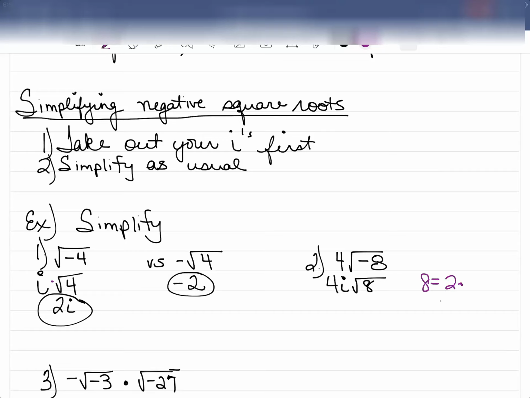My 8 is 2 times 2 times 2. So I have a set of 2's that I can take and write a 2 out front and leave a 2 in the radical. So I have that 4i times the 2 that I will be able to pull out, and I'll have the square root of 2 still there. So the 4 times the 2 is an 8, so 8i root 2.